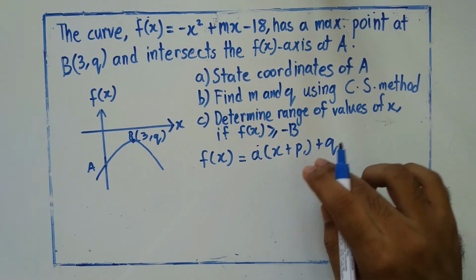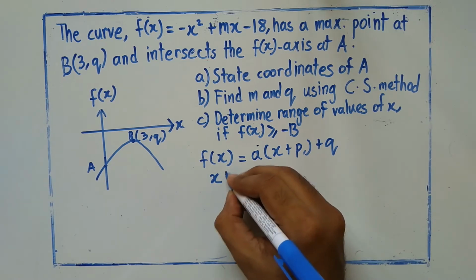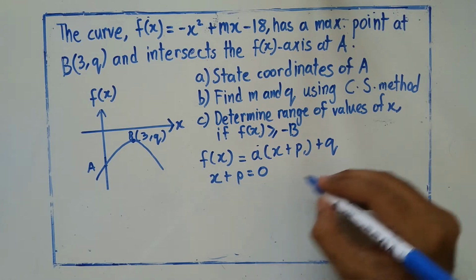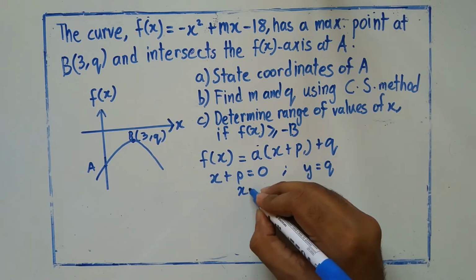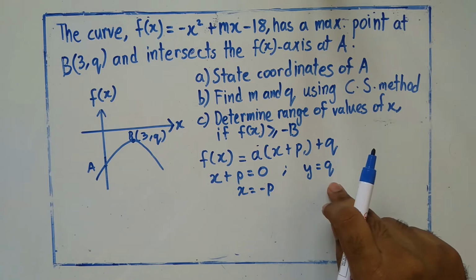To obtain the maximum point, we need the x coordinate and the y coordinate. This is the value of the x coordinate and this is the value of the y coordinate.